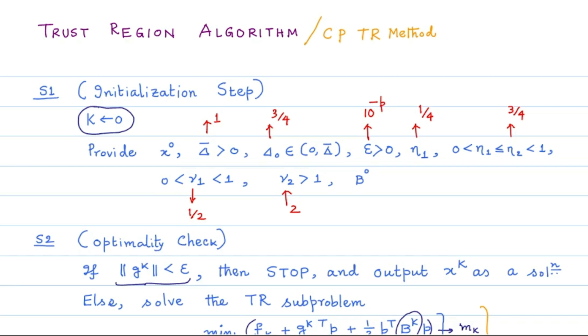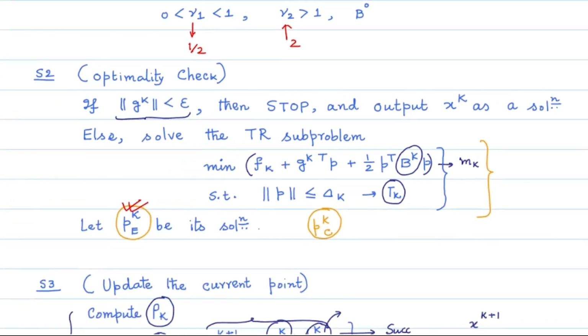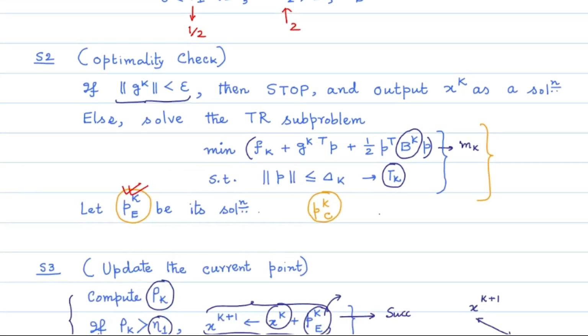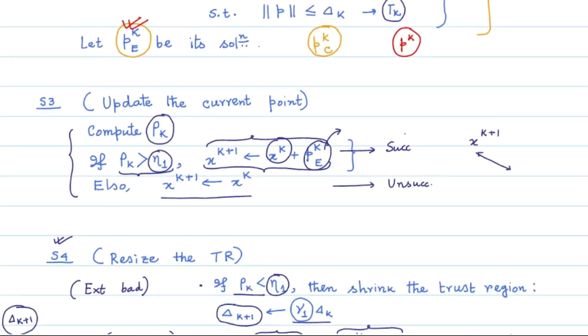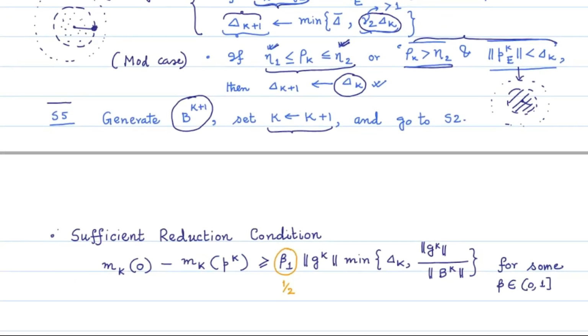In the next lecture, after executing a numerical problem, we will provide the global convergence result for trust region algorithms. There we will find that if we employ in the second step a trust region step pk for which this sufficient reduction condition holds, then with that step pk, the trust region method globally converges.